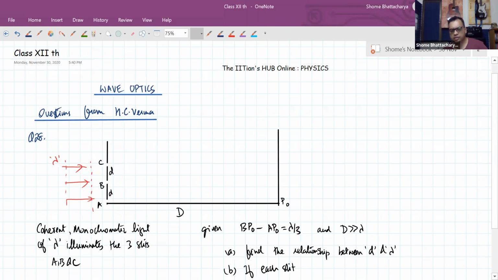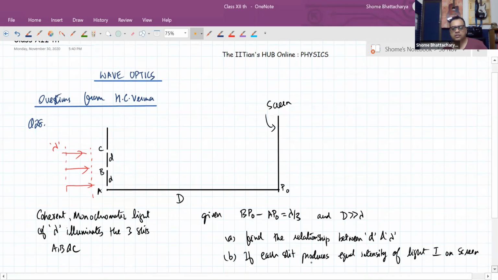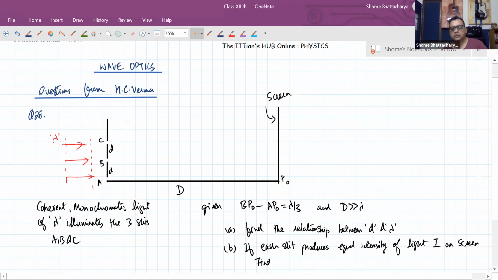Okay, so if each slit produces equal intensity of light I on the screen, okay, obviously this thing being the screen, we have to calculate the net intensity at the point P0. So this is the question.